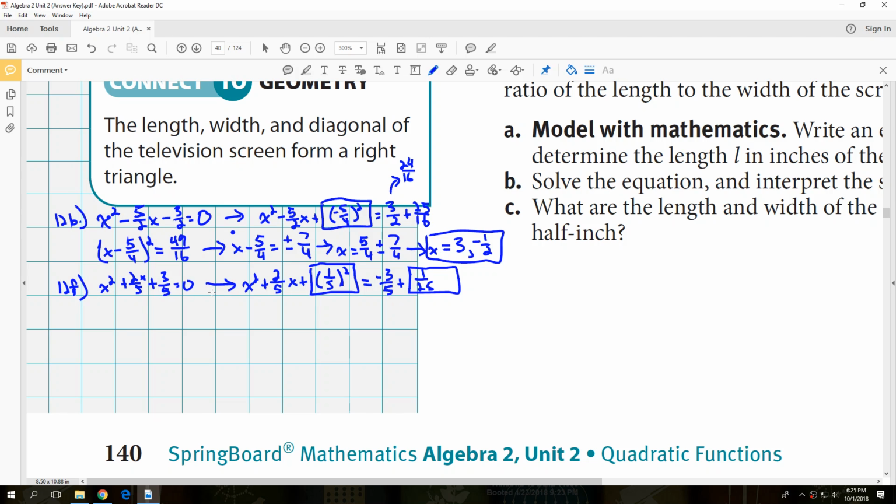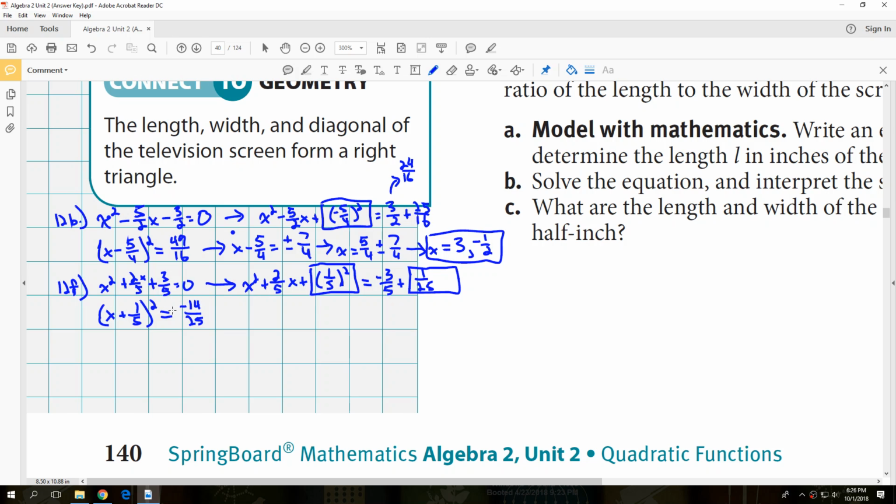So this becomes x plus 1/5 quantity squared. That's what it factors to on the left-hand side when we complete the square, is equal to, and in this case I need to multiply top and bottom by 5 to get to 25. So that would be negative 15 plus 1 is negative 14 over 25.